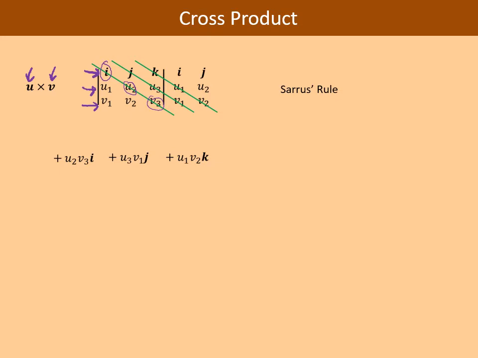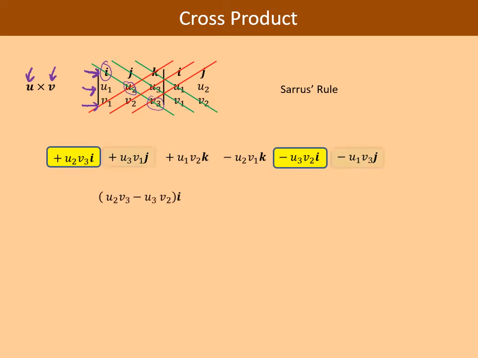Then, in the opposite direction, we do these products, but they will all be negative. Now, if you put the i's together, the j's together, and the k's, you'll see we come out with the formula for the cross product.